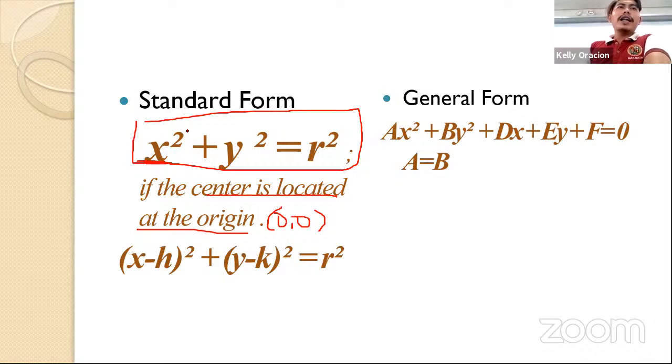So when only x squared is given, class, automatically the x coordinate is 0. Likewise, when only y squared is given, automatically the y coordinate is 0.